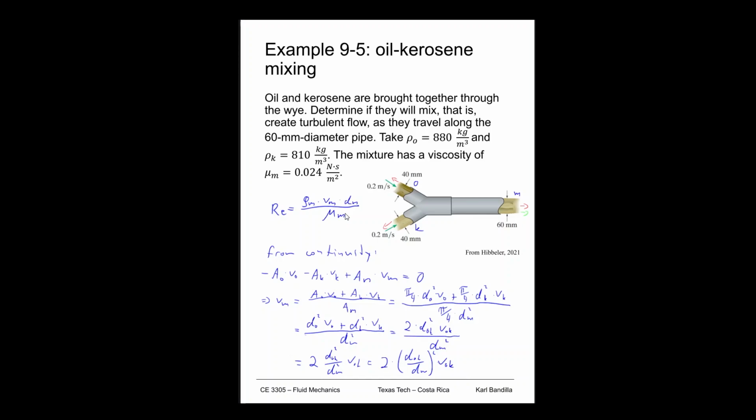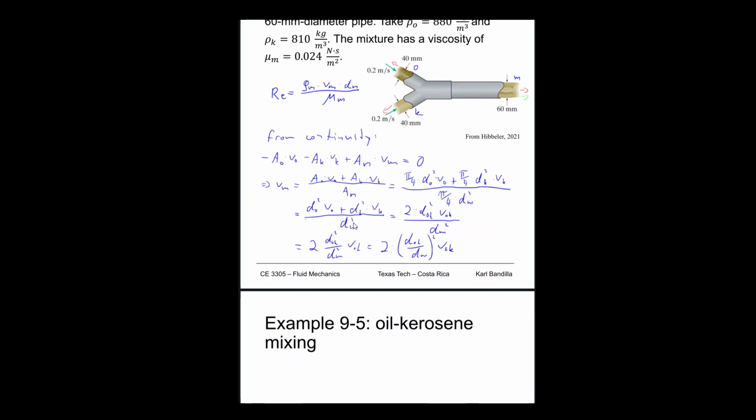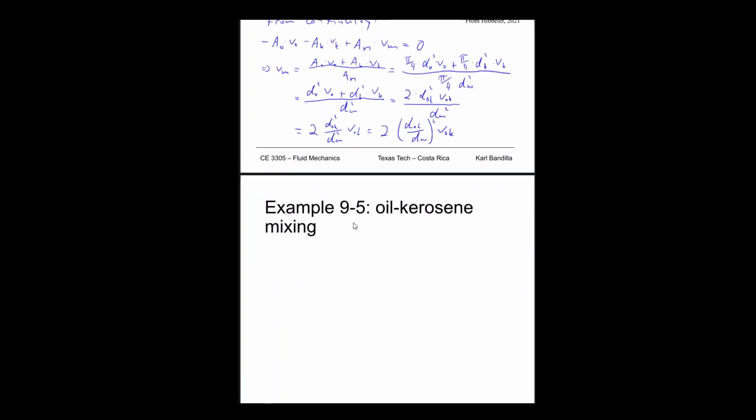So we could plug that in, but we're still missing the density. We can get the density by doing continuity with mass flows. So we know that the mass rate of oil, m dot oil, minus m dot kerosene plus m dot mixed has to be 0, the inflows and the outflow.